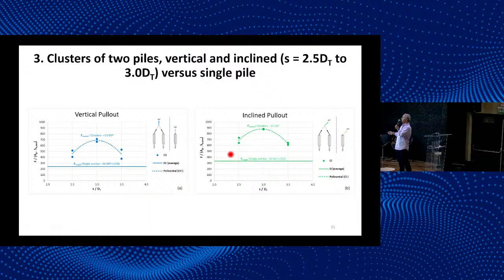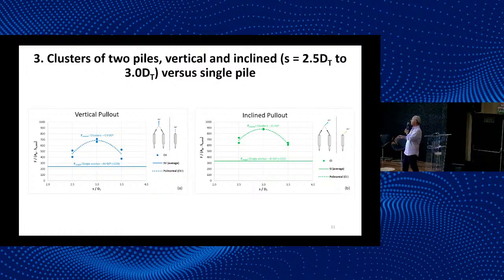So you have the single anchor, that's the average of all those tests. You see the 45 degrees provides a higher value. Both for vertical and 45 degrees, the optimized spacing is 3 times the full diameter.